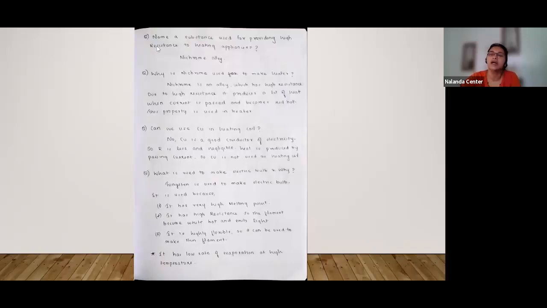What is made use of to make electric bulb, and why? Tungsten is made use of in making electric bulb. Why? Tungsten has high resistance, because of which when electricity is passed, it has a white glow. Moreover, it has a high melting point.